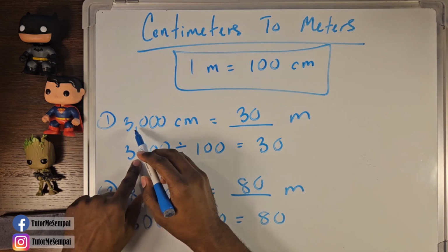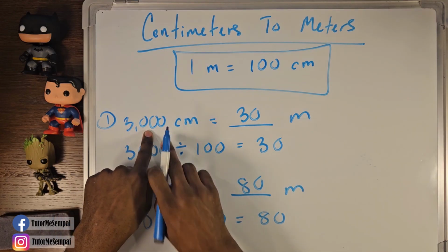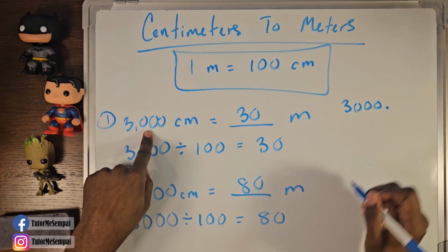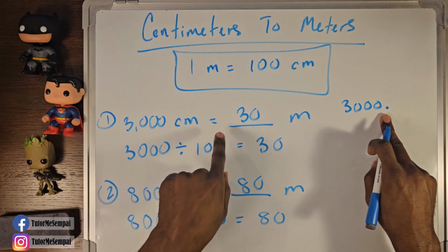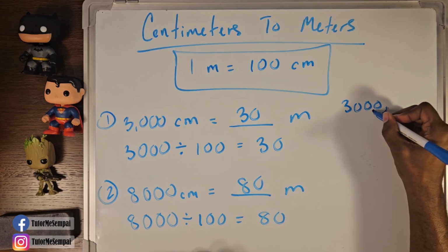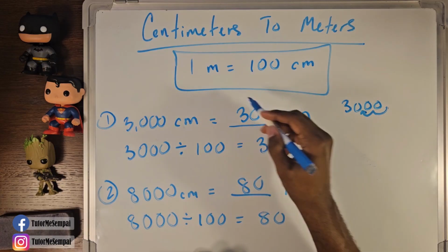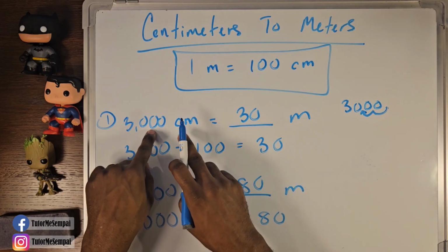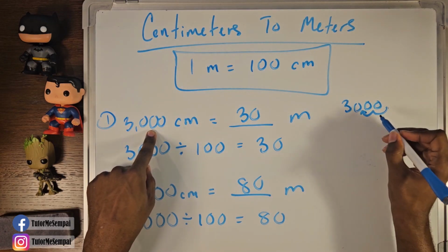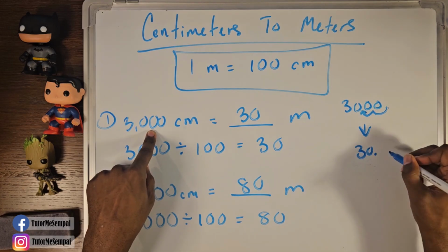Now before we move on to our next section, which will go from meters to centimeters, notice a little pattern here. When we're going from centimeters to meters, we're dropping 2 zeros. And that's not by mistake. Let's say you were having your decimal in here, and you were trying to convert from centimeters to meters. What you're really doing is moving this over 2 spaces since we're dividing by 100. So even if you don't want to do all the math, if you're going from centimeters to meters, you're going to move your decimal to the left 2 decimal places, which is going to result in 30.